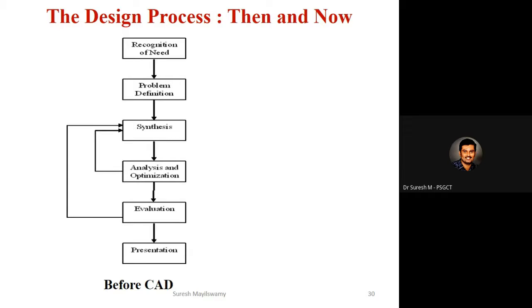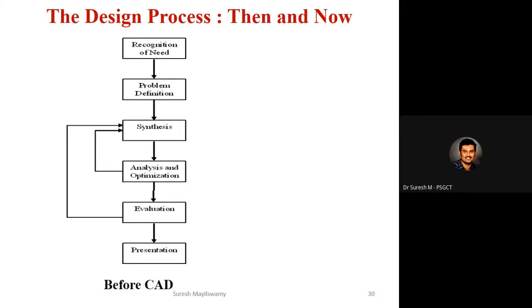Here we can develop the two-dimensional and three-dimensional views as well as the assembly view of the expected product. What we developed as a product, we can create here. So these 6 stages are called the Shigley model of design: recognition of need, problem definition, synthesis, analysis and optimization, evaluation, and presentation.